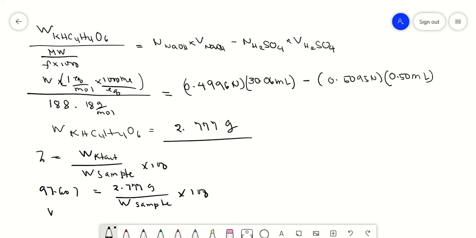And you will get a value, so the weight of the sample would be equal to 2.846 grams. So this would be the value.